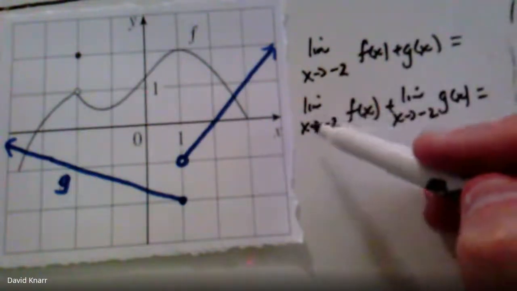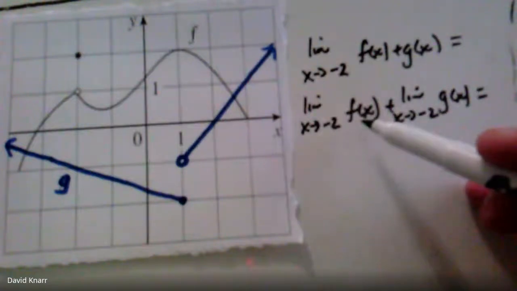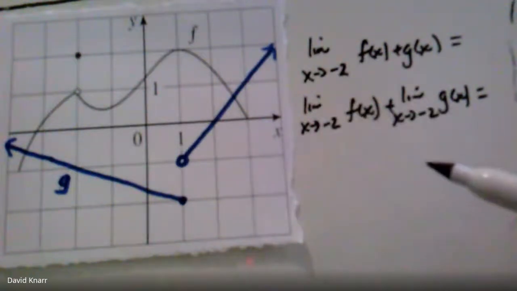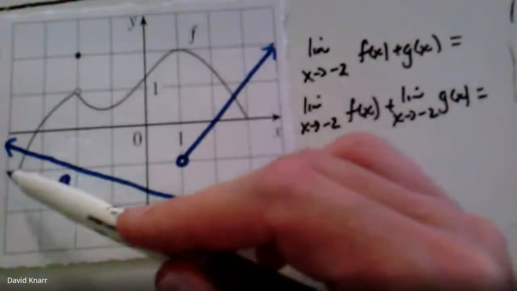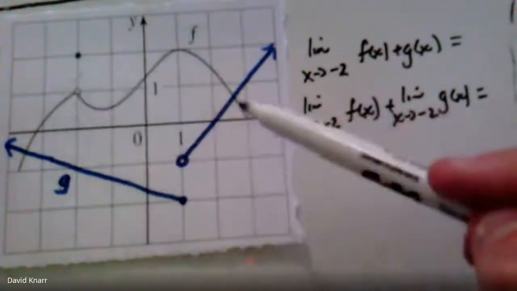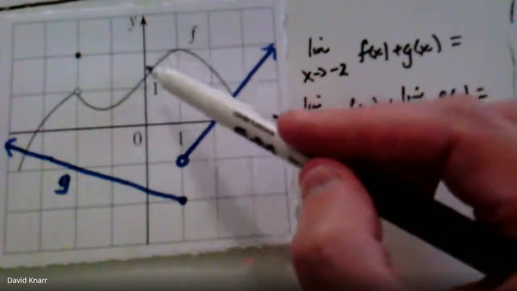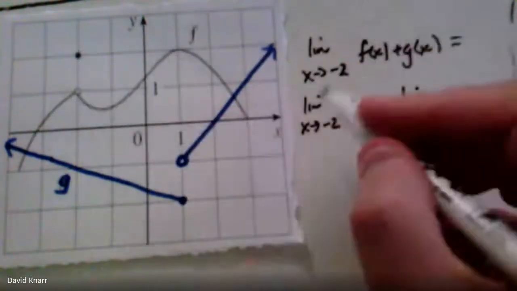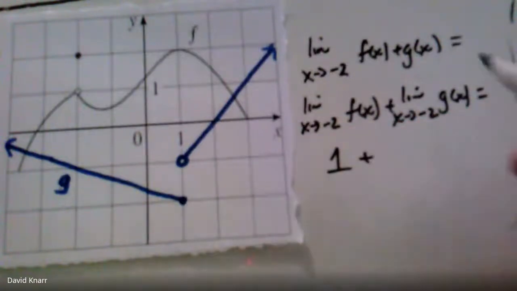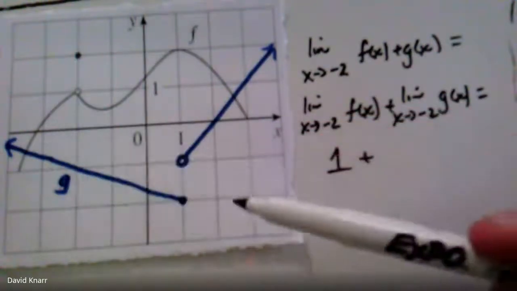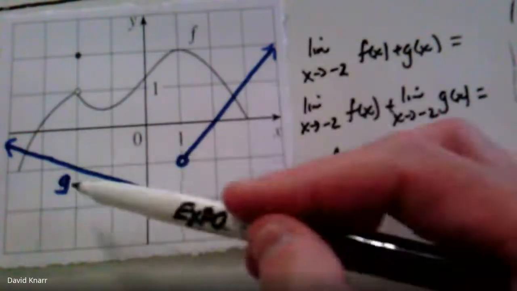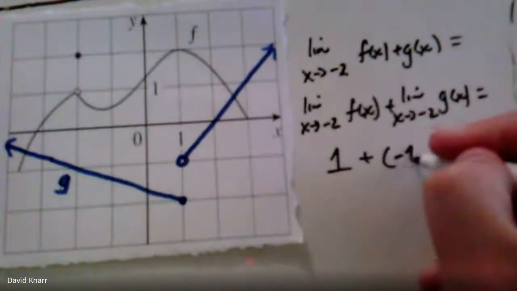The limit as x goes to -2 of f of x means that from both sides, I have to be going to the same place on f. As I approach -2 from the left, I go to 1. As I approach -2 from the right on f, I go to 1. So the limit as x goes to -2 of f is 1. Plus the limit as x goes to -2 of g: from the left, I'm going to -1, and from the right, I'm also going to -1.